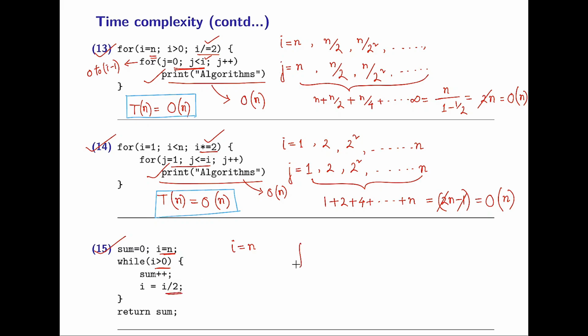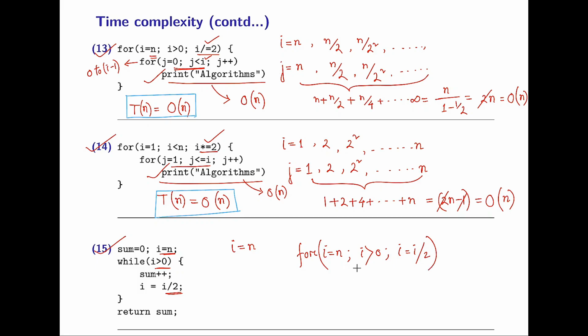If you remember, we have seen this kind of thing before. If I replace this while loop with a for loop, because that will be easier for us since we have seen so many things using for loops, it will be i equal to n, then i greater than 0, then i equal to i by 2.